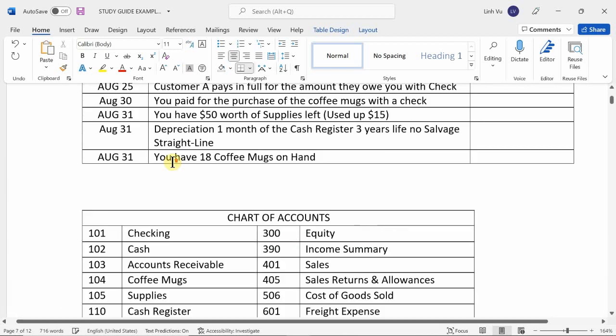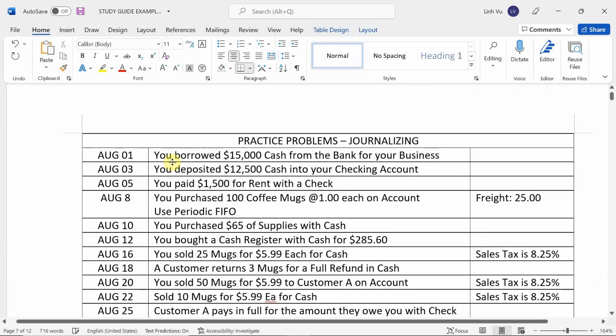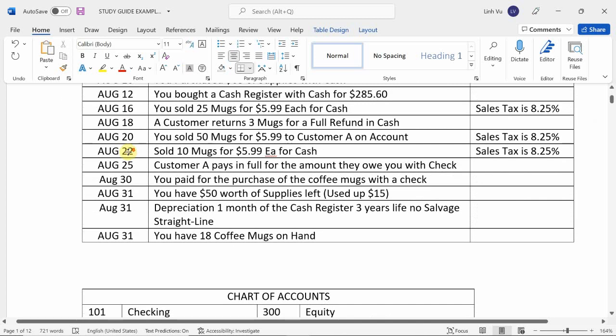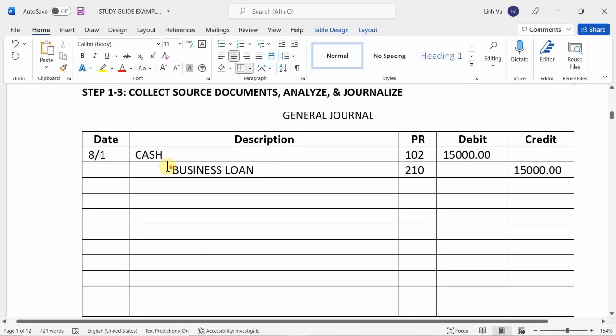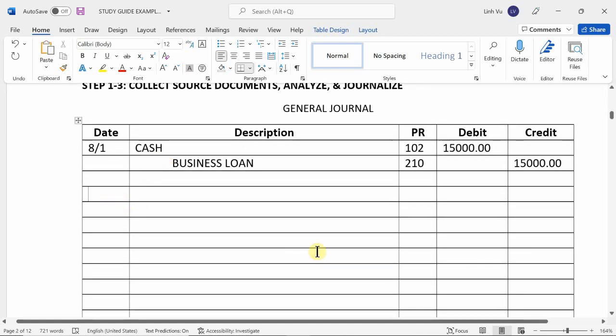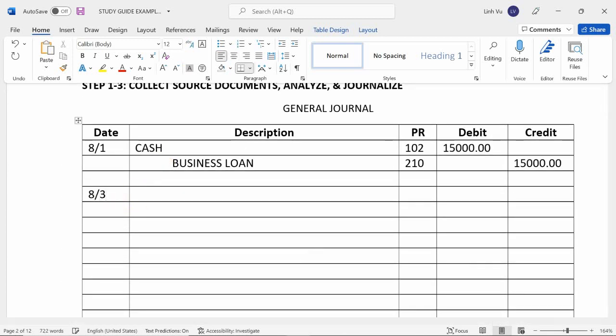So then let's see what is next. It says right here that on August 3rd, you deposited $12,500 cash into your checking account. Okay, I deposited money into my checking account. That means I subtracted the money that I have on hand and I dumped it into my checking account. So straightforward this transaction. So it is August 3rd, right?